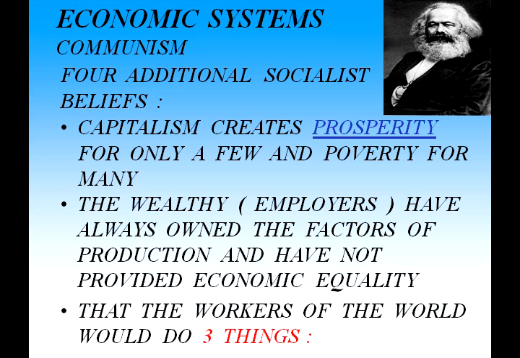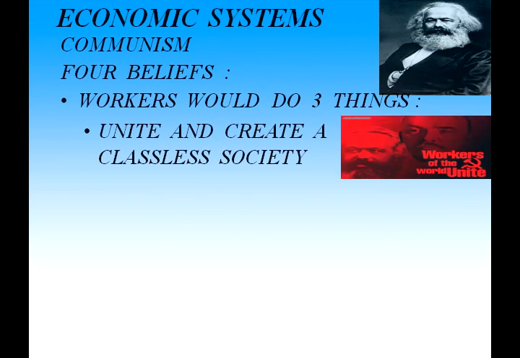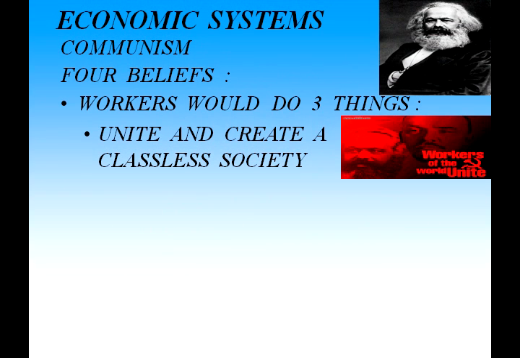And the fourth belief of the communists, on top of the fundamental socialist beliefs, is that the workers of the world would do 3 things. They would first unite and create a classless society.